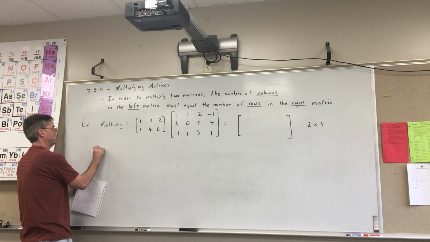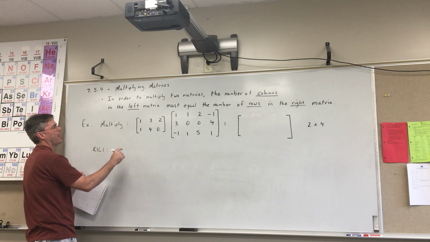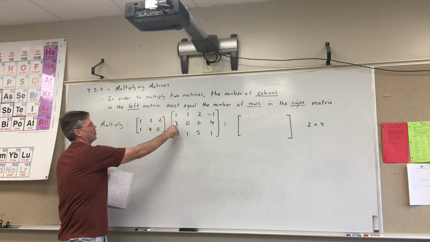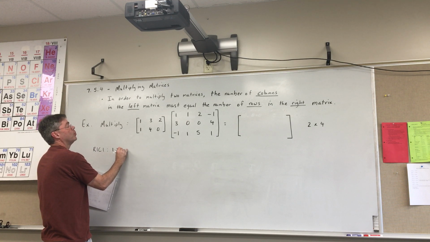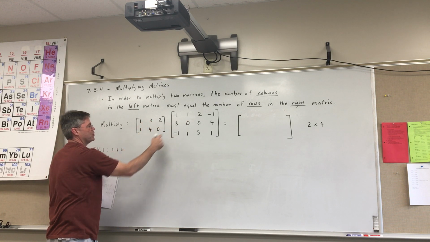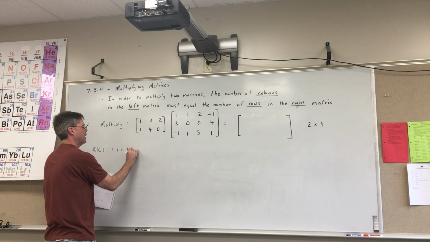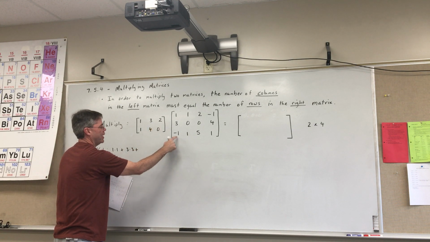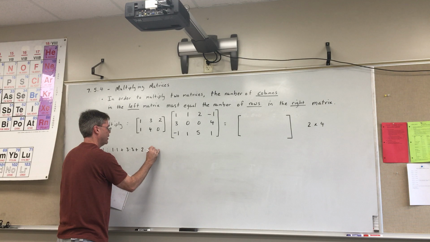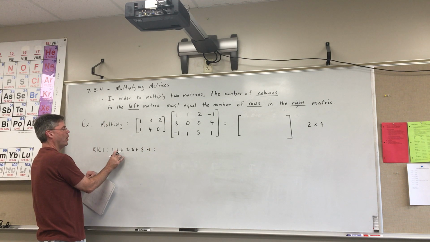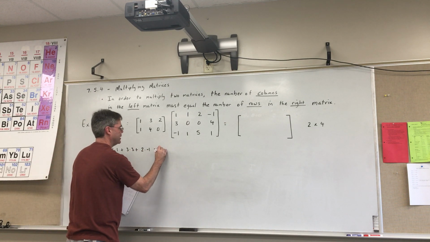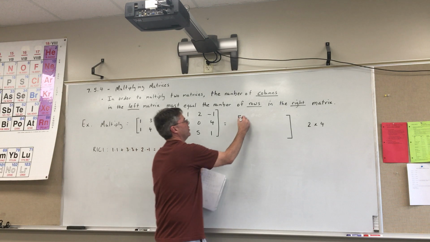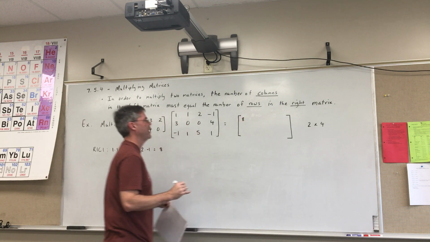For row 1, column 1, I have 1 times 1 plus 3 times 3 plus 2 times negative 1. So that's 1 plus 9, which is 10, minus 2, which is 8. So our first digit in the solution matrix is 8.